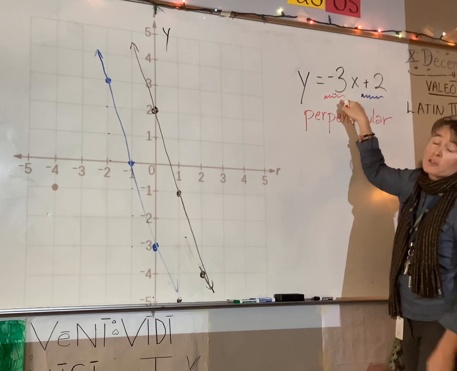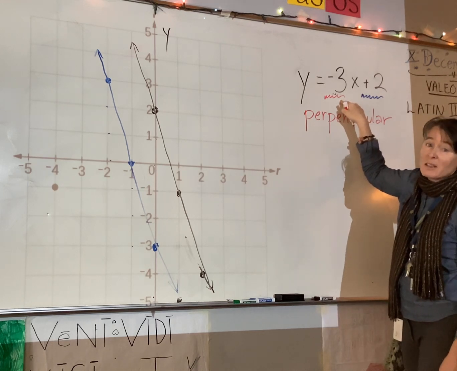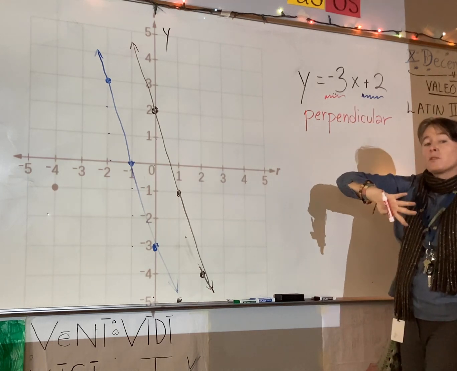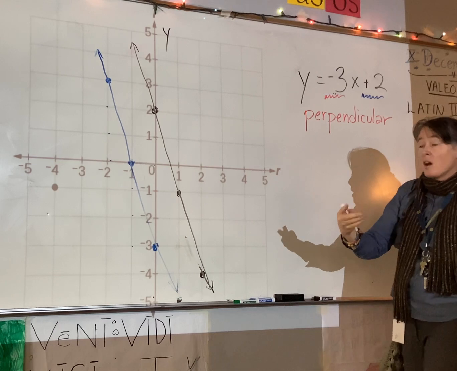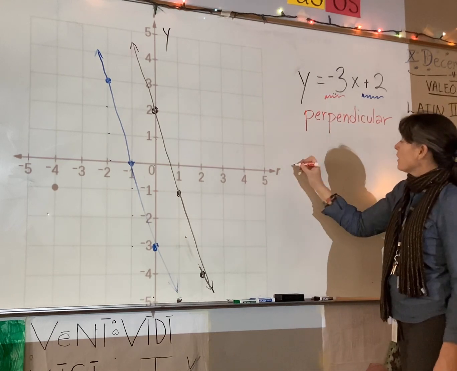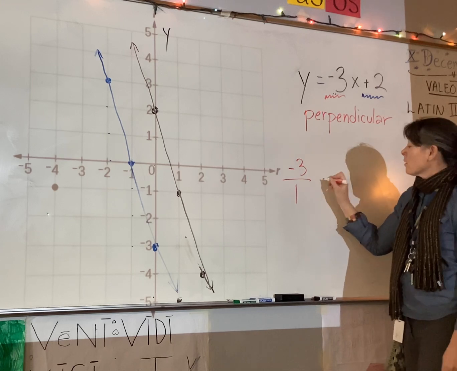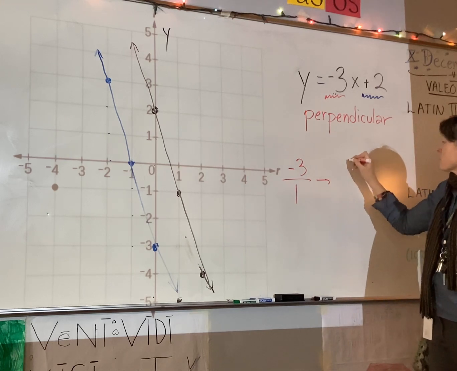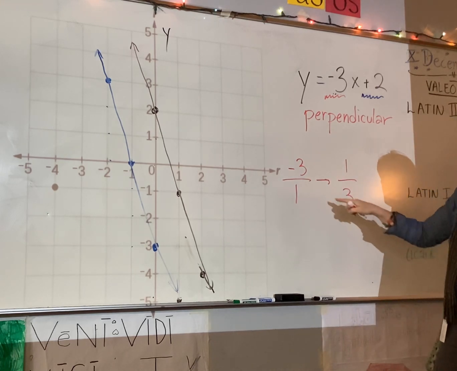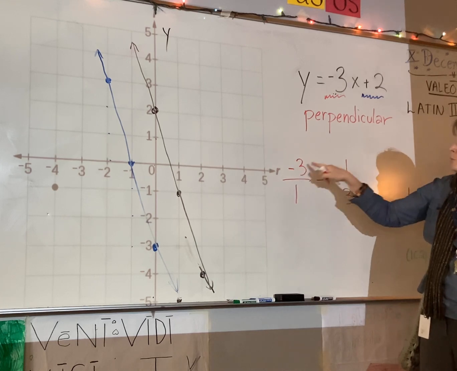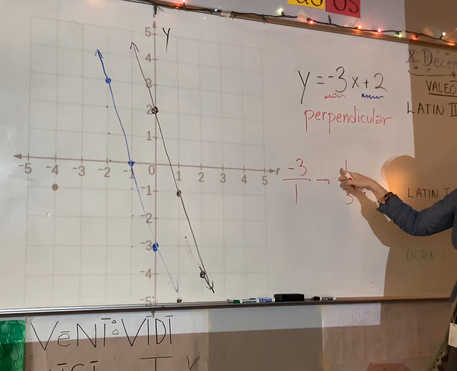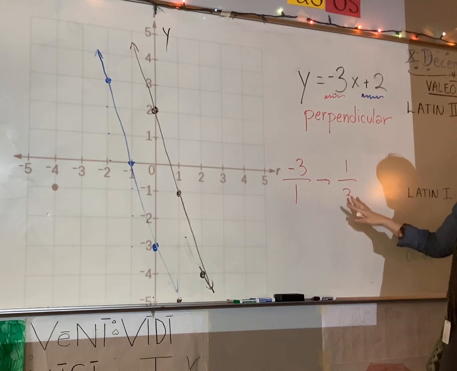This time we have to change the slope. We have to take its negative reciprocal, which means flipping over the fraction and changing its sign. So again, a slope of -3 is equal to -3 over 1. We're going to transform that by flipping the fraction over. It's going to be 1 over 3, but we're going to change the negative to a positive, so we just don't write it. So our new slope is 1 over 3.